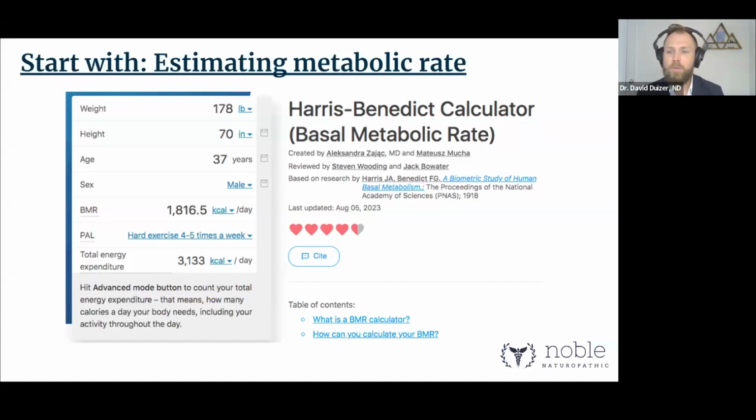But the question was, was the calculator right for them? Or was their metabolism actually lower than predicted? So that's obviously my favorite thing to do. We measure resting rate in the office and get that exact number so that we know we're actually creating a deficit for them. If you're not measuring resting rate, which many of you will not be because it's not popular across Canada just yet, you have to make estimates.